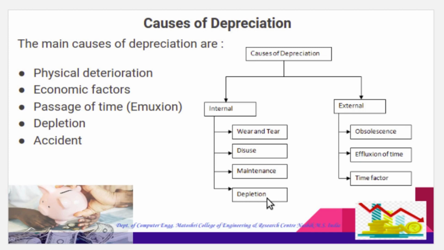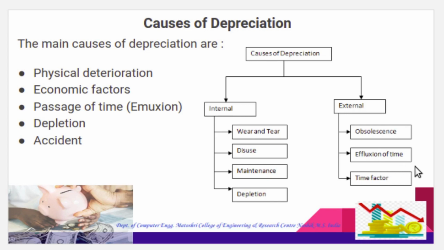Then we will discuss the external causes. The first cause is obsolescence, decrease in the value of property as the result of technological advancement. Then next is effluxion of time, also called passage of time.